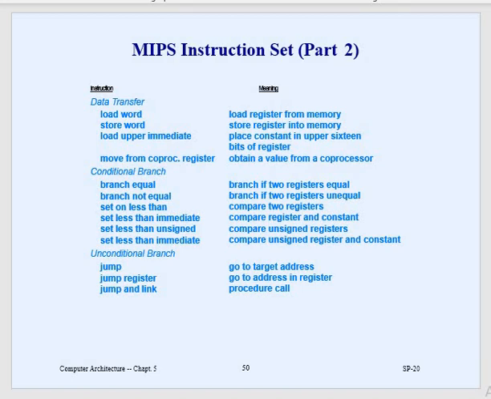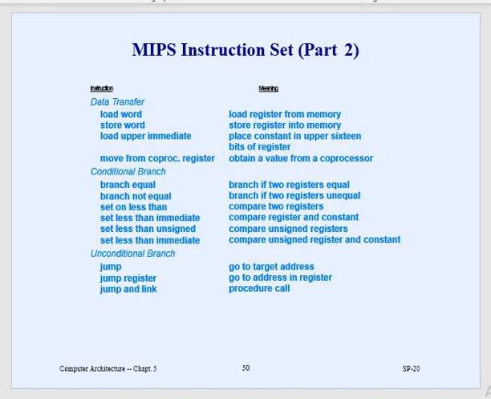The difference is that in jump we explicitly give the target address, and in jump register we ask it to check the contents of a register, get an address there, and jump to that address.